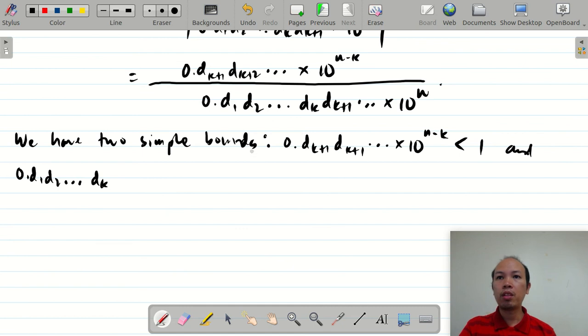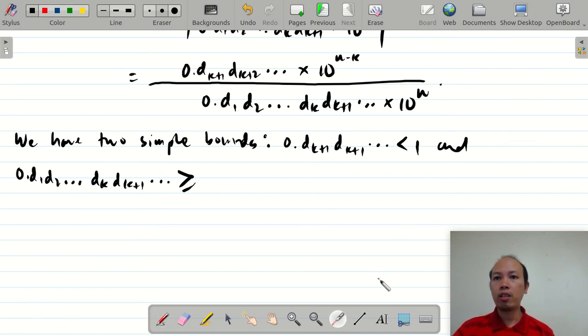I'm sorry, not this one here, this one. Forget the 10 to the n minus k. This is less than 1. Why is it that this is less than 1?